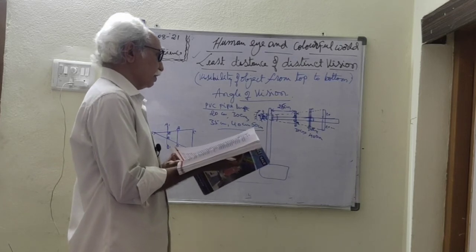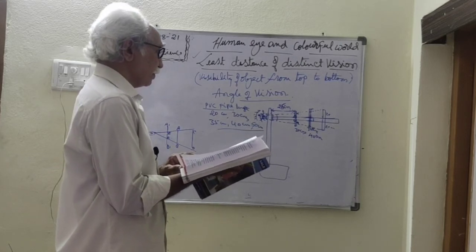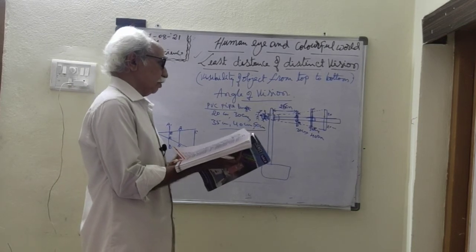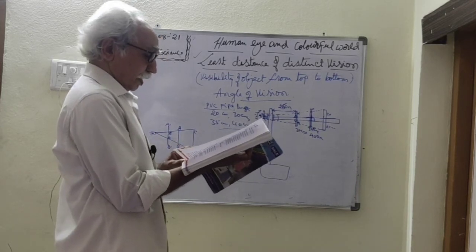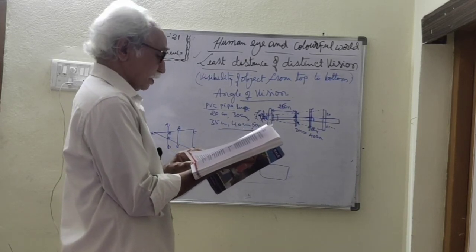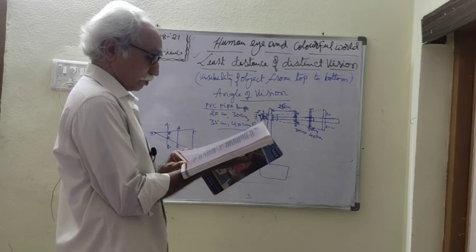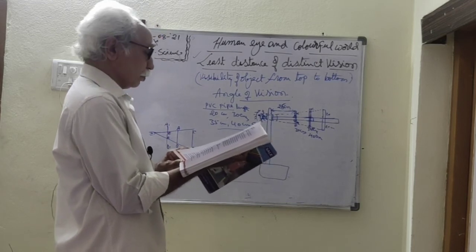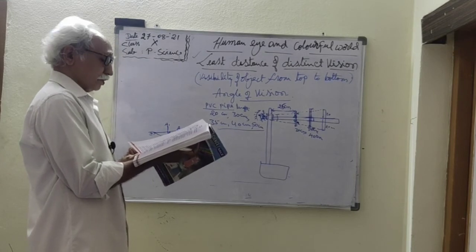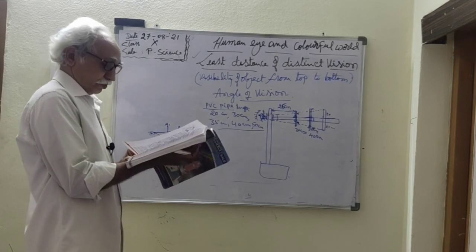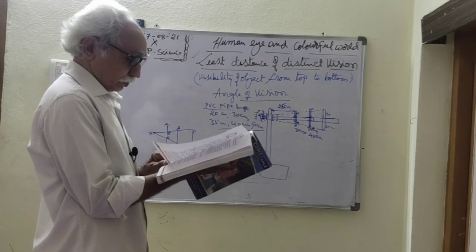If it is more, we can see the object, and if it is less, we cannot see the complete object. So 60 degrees is the maximum angle, the angle of vision for a healthy human being. This angle varies from person to person, depending upon age and health conditions.